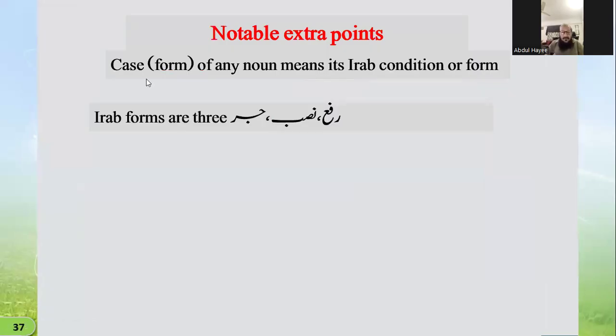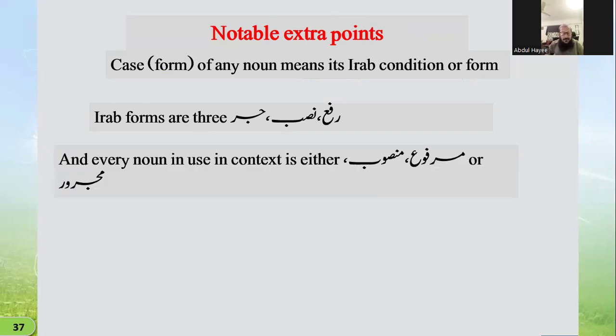Notable extra points. The case or form of any noun is the i'rab condition or form. I'rab forms are three: raf, nasb, and jar. Any noun in use in context is either marfu, having dhamma, mansoob, having fatha, or majroor, having kasra.